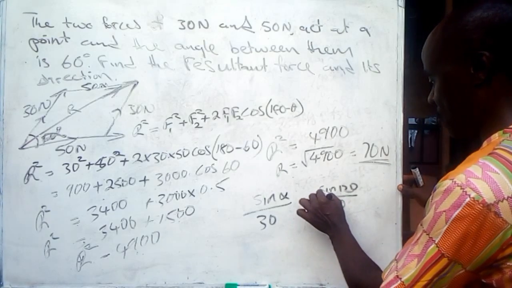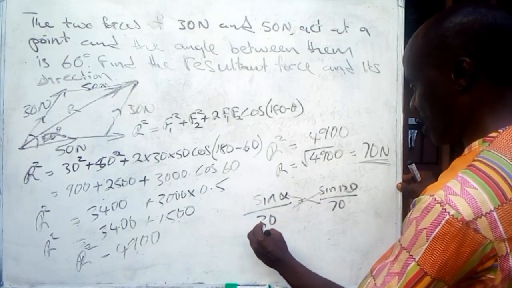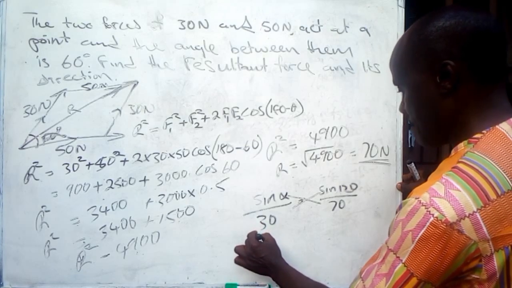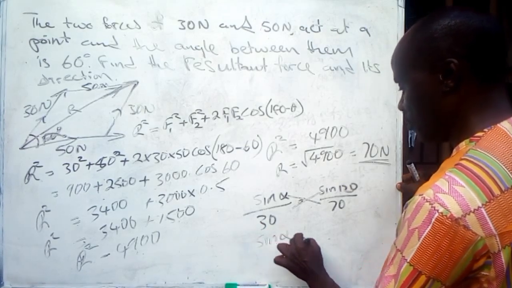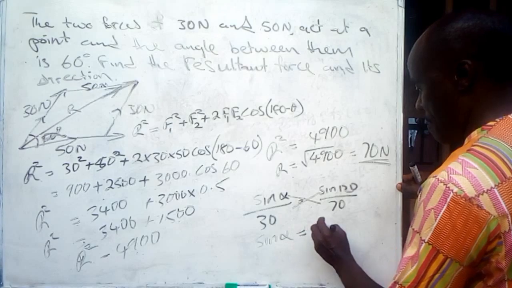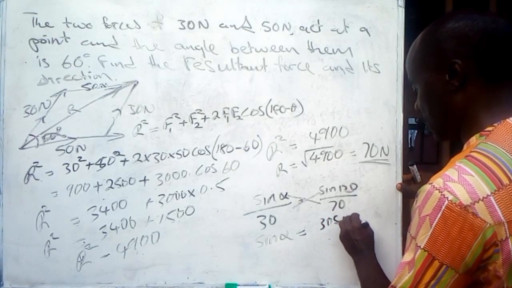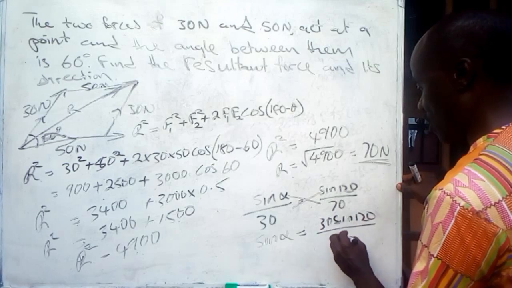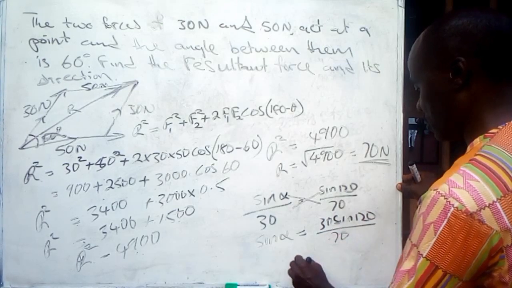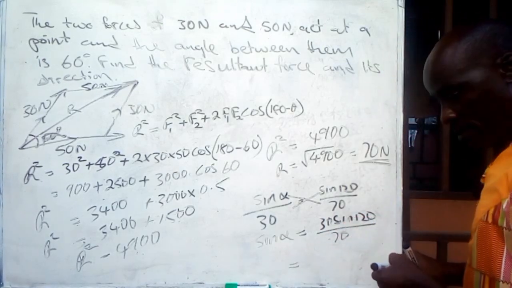So when we cross multiply, what we have will be sine alpha equals 30 sine 120 all over 70. So what do we have here?